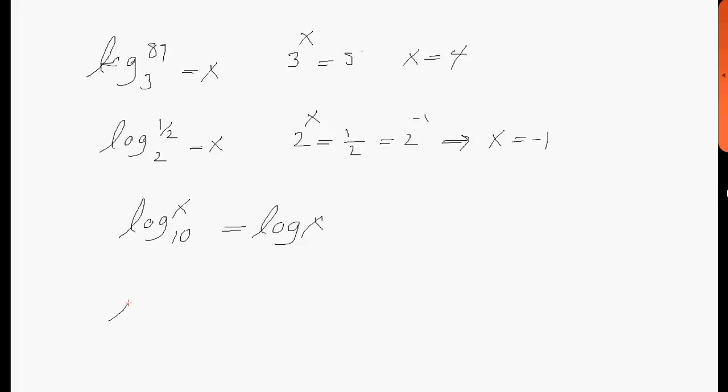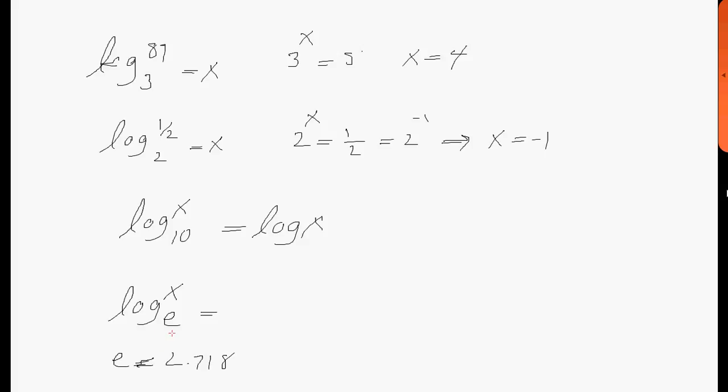So log x base e, where e is an irrational number which is about 2.718. This also has lots of applications in science and engineering.